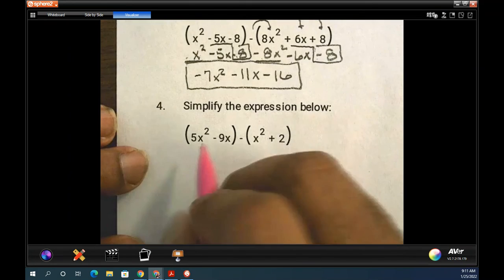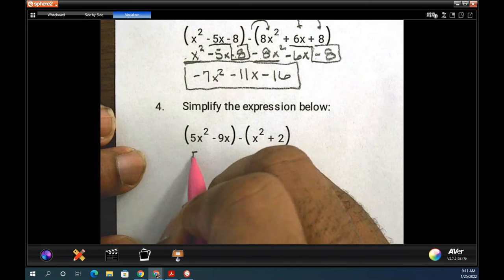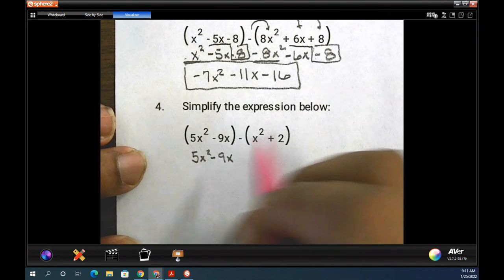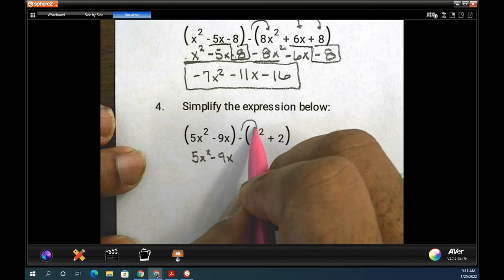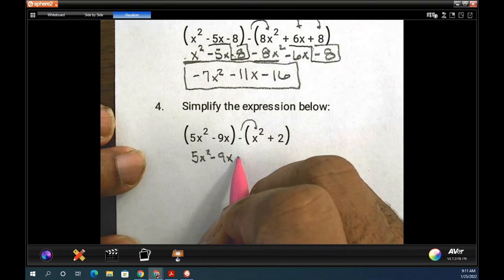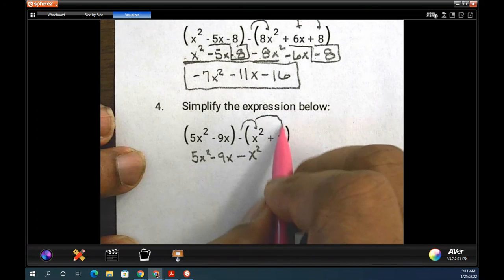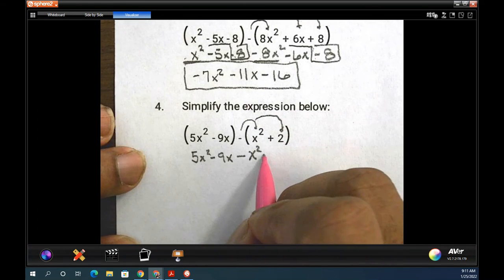Okay, rewrite the left side: 5x squared minus 9x. Negative 1 times x squared is negative x squared, so we'll write that as minus x squared. Negative 1 times 2 is negative 2, so it's minus 2.